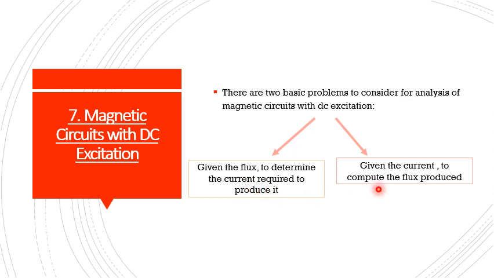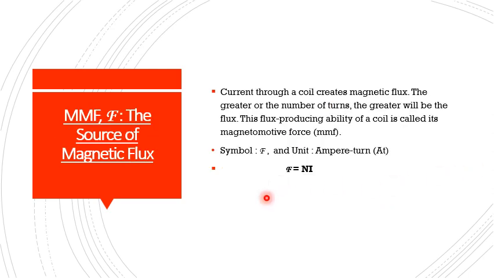And the second one is when the current is given, so we have to compute the flux produced. So now we will concentrate on the first one, when we know the flux and we have to find the current. For that we have to know every parameter in the magnetic circuit.